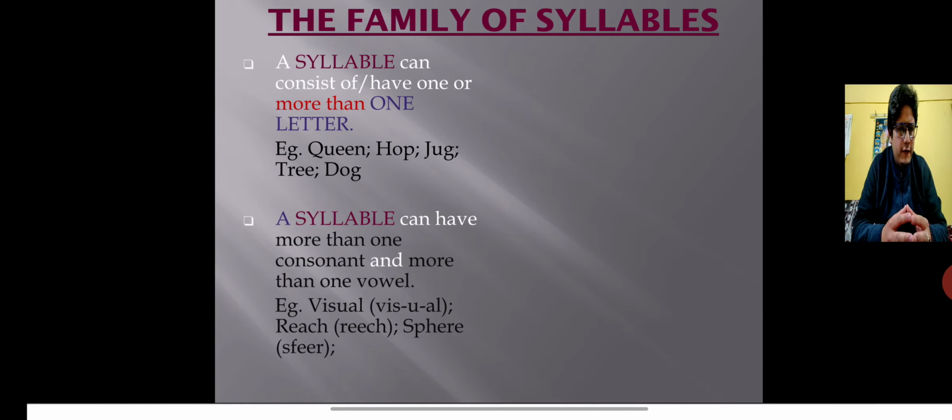Now, visual. How many vowels can we trace out here? We can trace three vowels, but what we are doing here is not chasing vowels, we are chasing vowel sounds. For example, if I say cry, there are no vowels here, but what you observe in that word is it's CRAI as per its pronunciation.